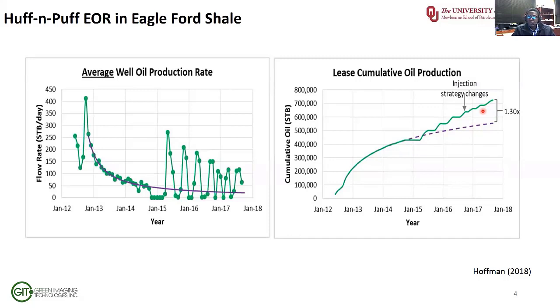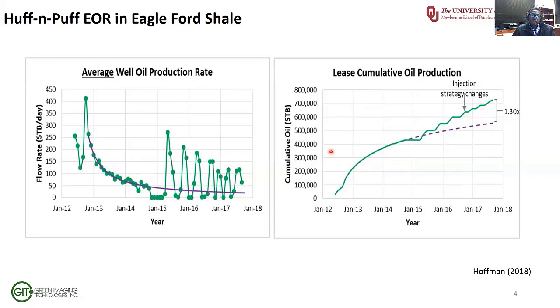However, before we engage in an EOR project, there are quite a bit of studies to do to evaluate the feasibility and to evaluate some operational parameters such as injection pressures, injection gas, soaking time. So there are many things to figure out before we engage in an EOR project in shales. Right.